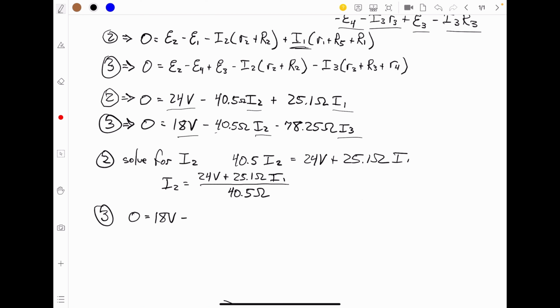So really, on this first term, I'm going to get minus 24 volts plus 25.1 ohms times I1. You guys hopefully see that the 40.5 cancels out, numerator, denominator.